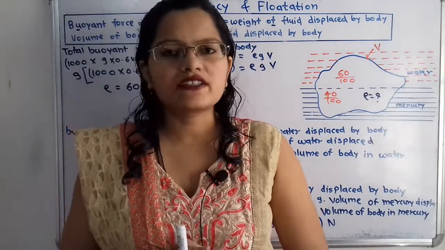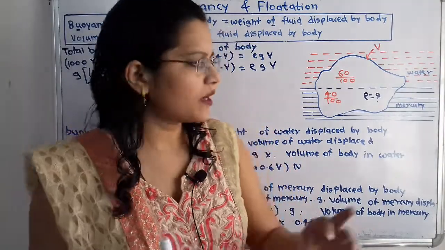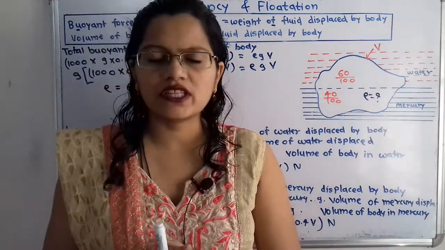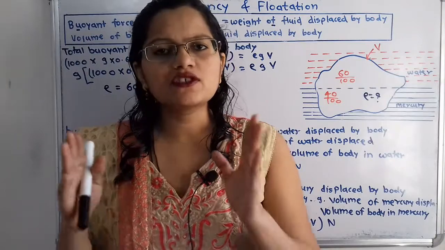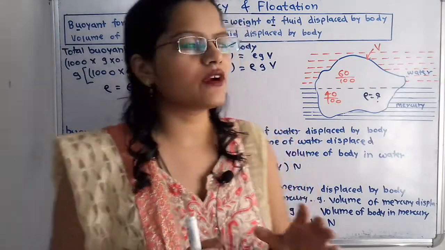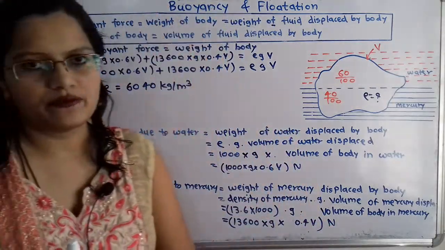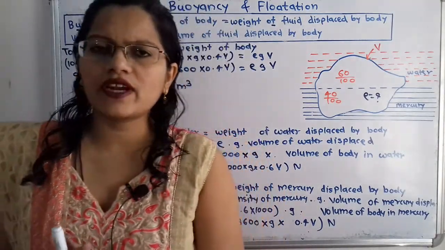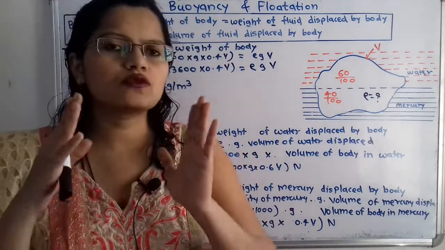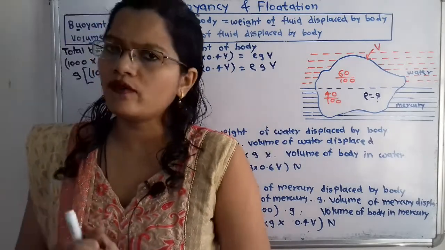Now when we add the buoyant force due to water plus the buoyant force due to mercury, we get the total buoyant force. And what is this total buoyant force? It is equal to the weight of the body. So again we define this term: what is the weight of the body? Again rho into g into volume of body.